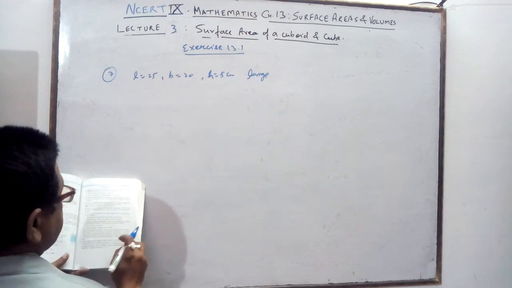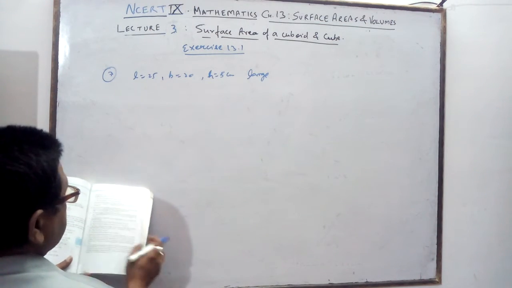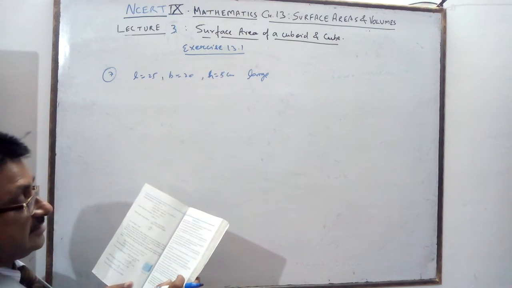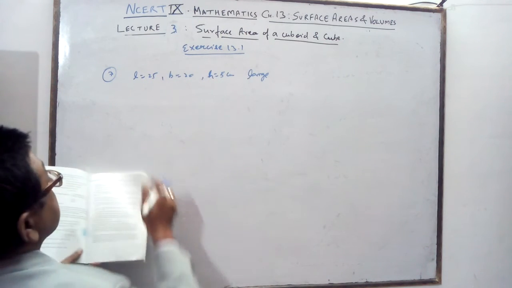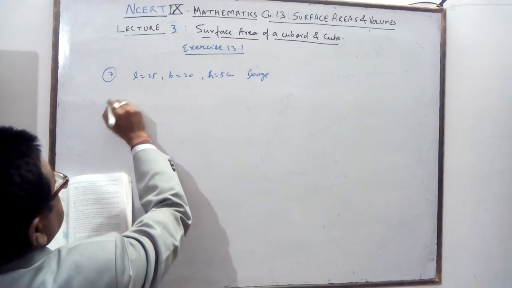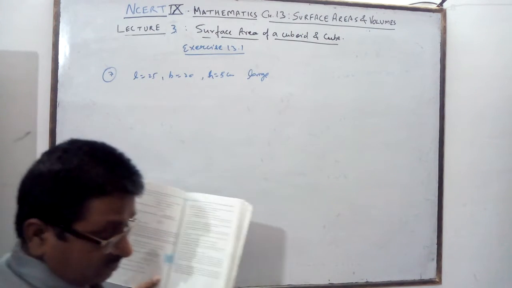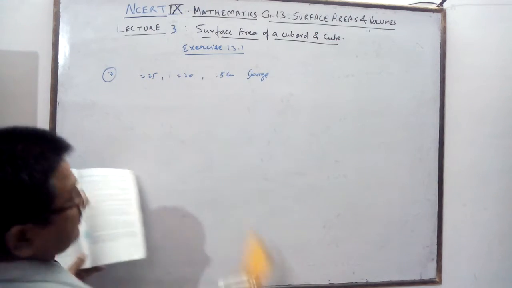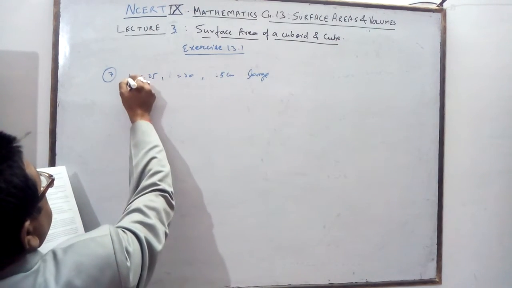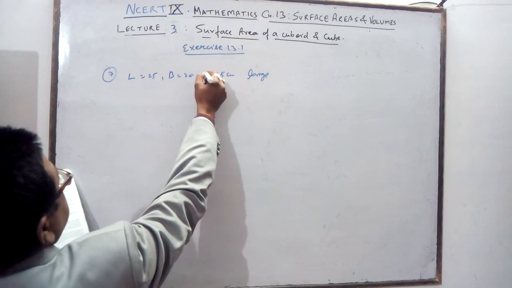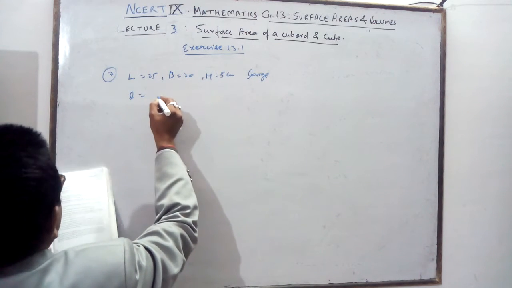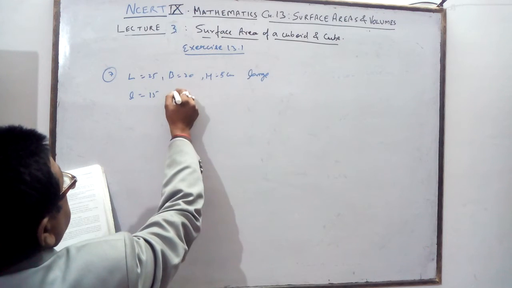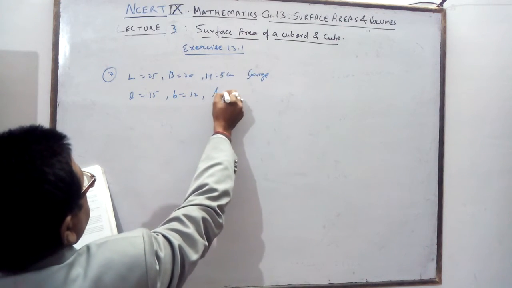And another condition is given for all the overlap: 5% of the TSA of area is required. The smaller one is 15, 12, 5. So for the larger you can use capital letters for length, breadth, height, and for the smaller, 15, 12, 5.